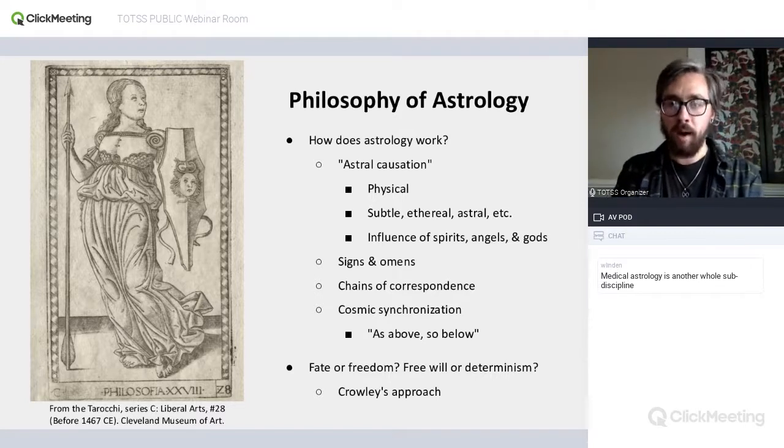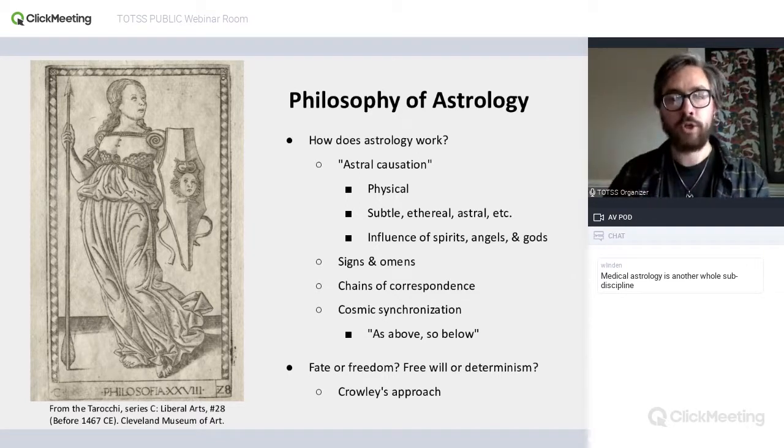And that's why Mars ends up signifying things like conflict or strife, because when things are hot and dry, there will naturally be more conflict. So he's not talking about this physical causation in the same way that a modern person would, but he is thinking about it in terms of a very physical effect that the planets are causing.